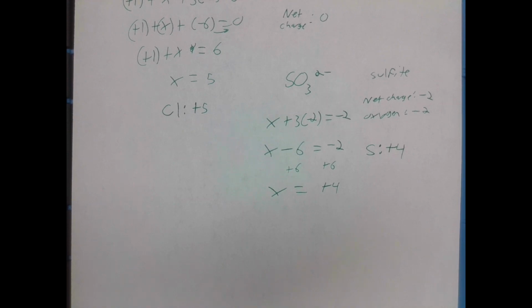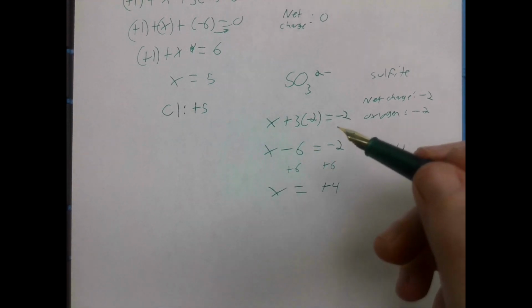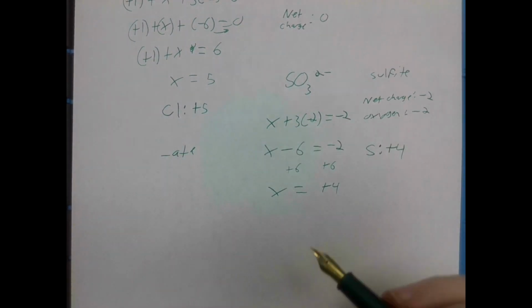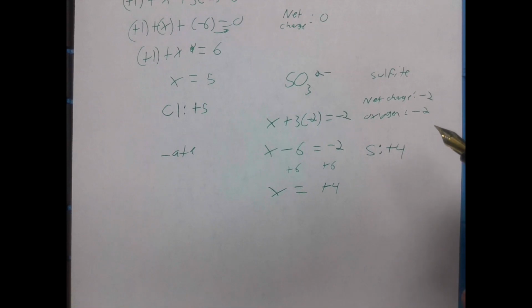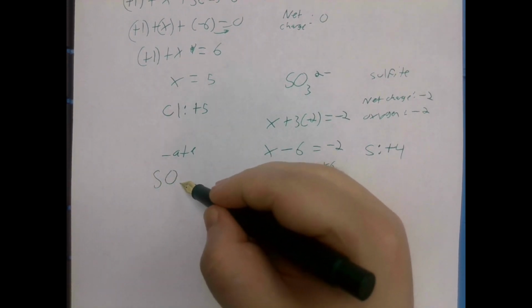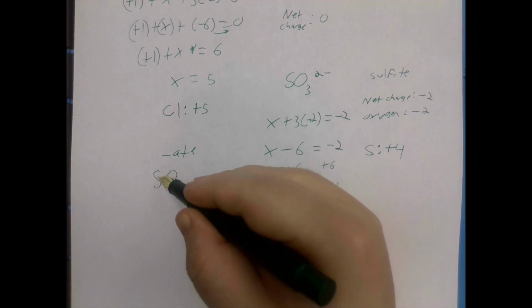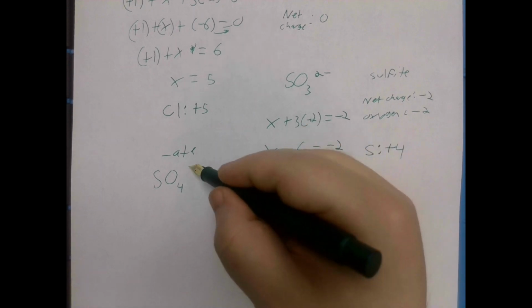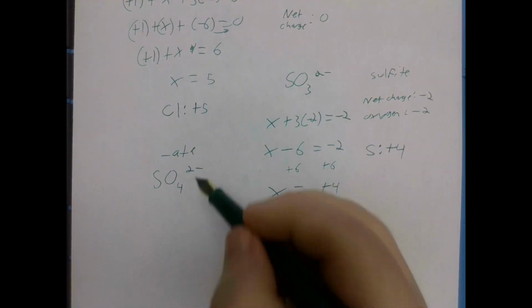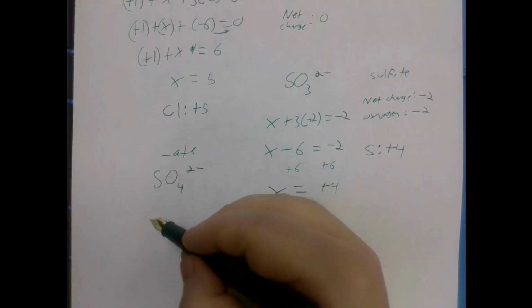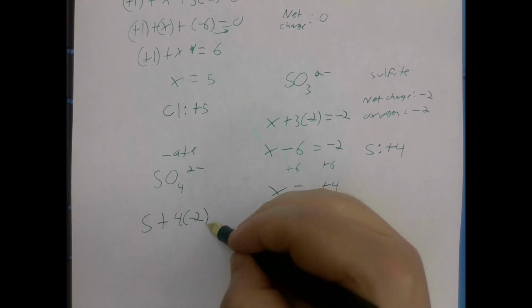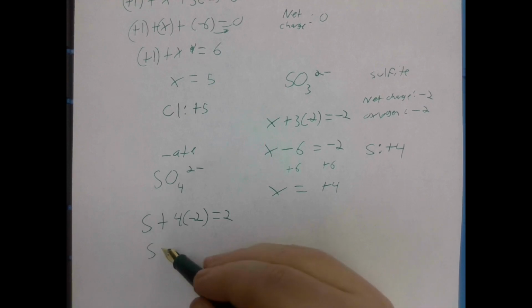Make sense? And remember, I told you that for the 8 versions, when doing oxyions, you can treat the group number as being the oxidation number. So in the 8 version, to figure out the charge, sulfur has an oxidation number equal to its group number. Even if you didn't know that, if you just knew that this is 2 negative, it's the same thing. So we have sulfur plus 4 times -2 has to equal -2.